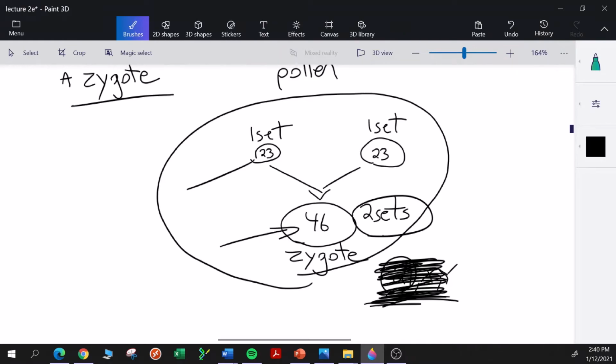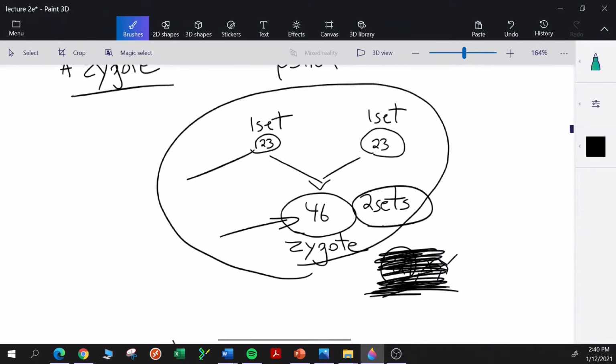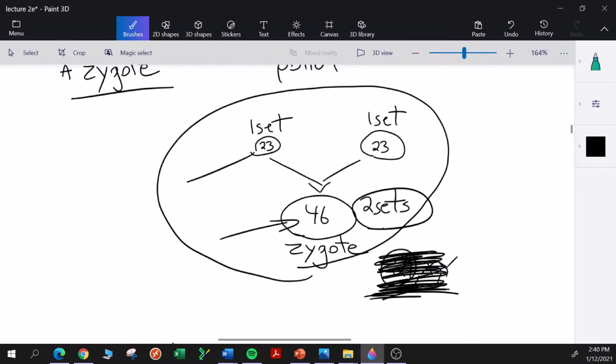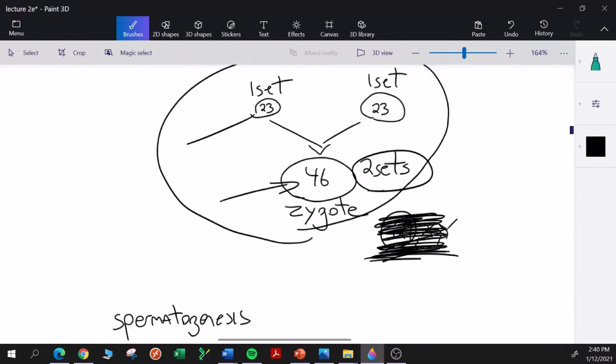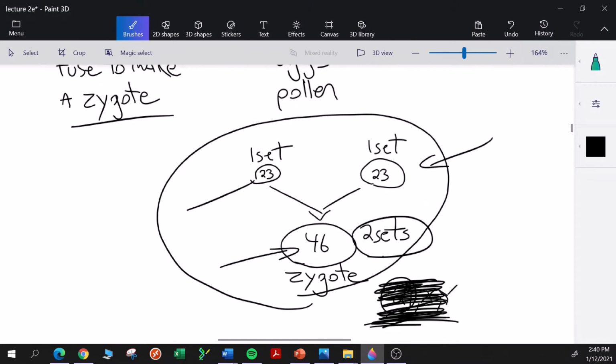At the end of this video, I will talk specifically about how the process works in humans. It's rather interesting, and it doesn't exactly happen like I diagrammed up there, but this is a good diagram to explain how the individual sets come together to make two sets of chromosomes in the zygote.